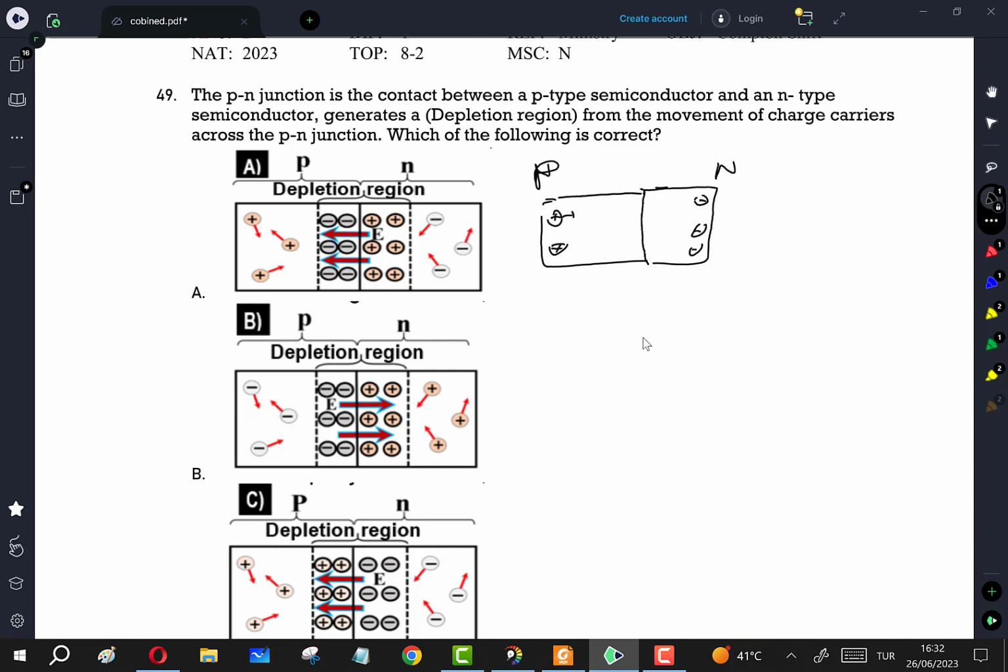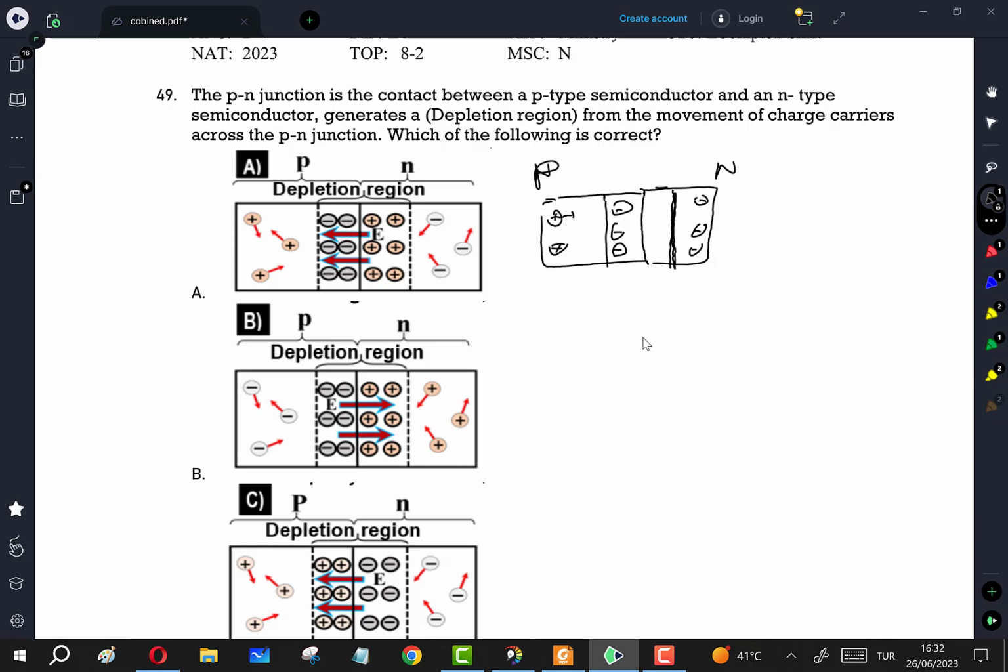So when we combine them, this positive and negative charge move across the junction and combine. When they combine, they form a layer which is free of mobile charge carriers because they cancel each other. The p side of the depletion region becomes negatively charged because holes leave and combine with electrons from the other side.